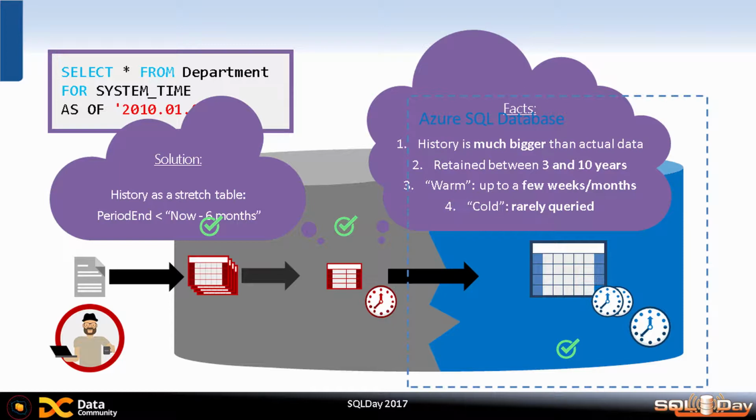The warm data is the data that everybody queries daily in our routine. The cold data is rarely queried. So if I have cold data, it doesn't make sense to keep it in my local storage if I'm not going to query it, if I'm not a business analyst who is interested in the history.